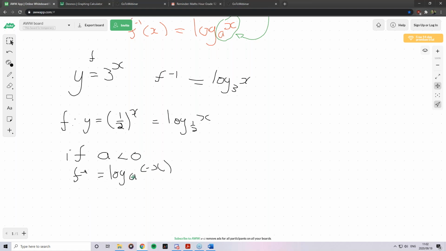If a is negative, it doesn't become log of minus ax, it becomes log base a of minus x. So if y was minus 3 to the x, let's say, then the inverse is equal to log base 3 of minus x. That makes sense.